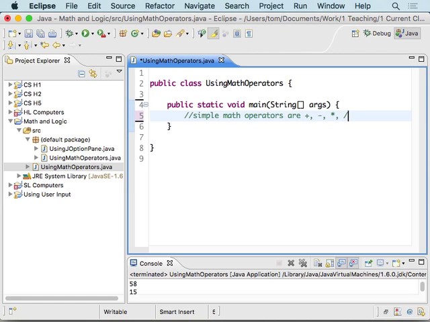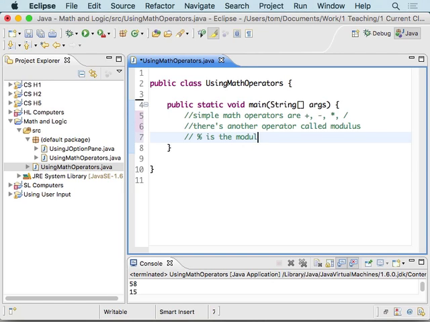Slash is for divide. There's another one called modulus. Percent is the modulus operator.